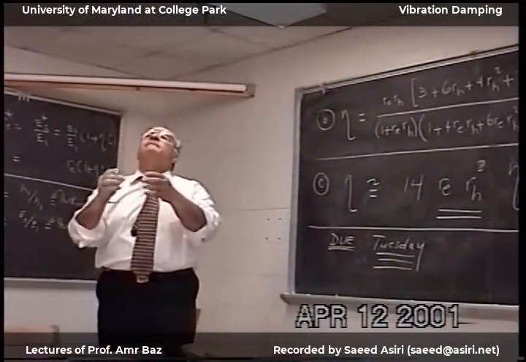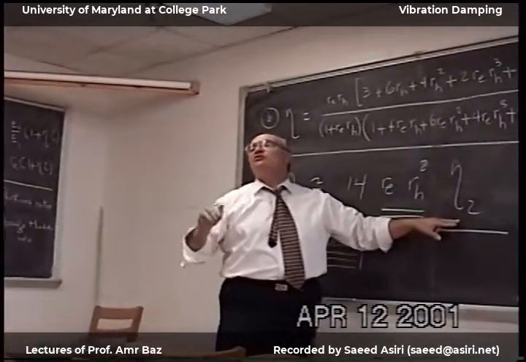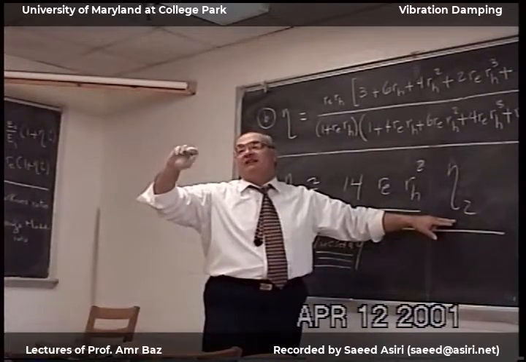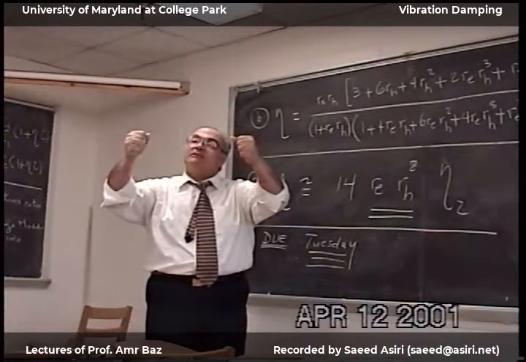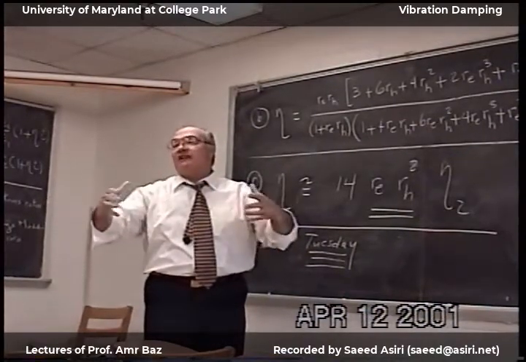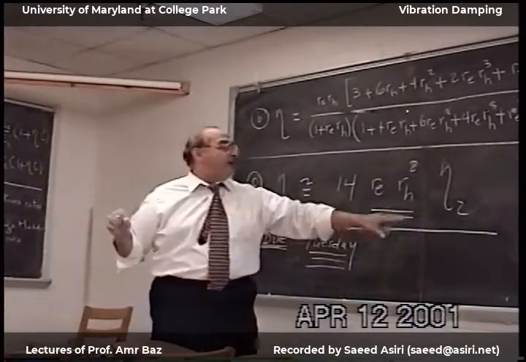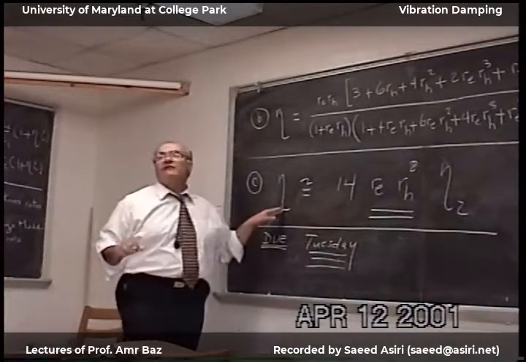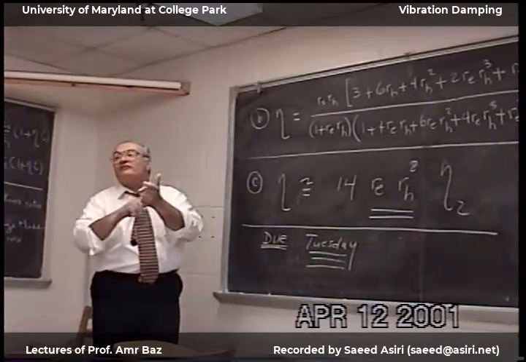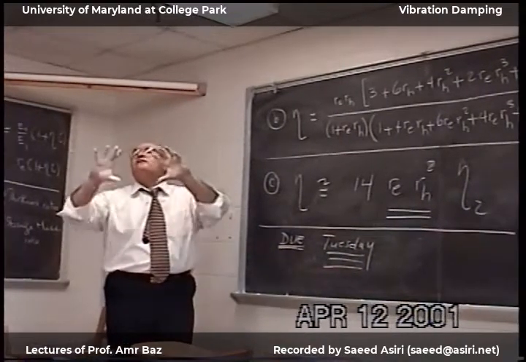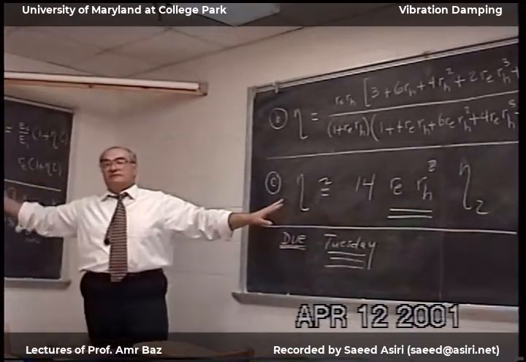They require you to give them this number. What they do, they use modal strain energy. So you can look at how much energy you use to strain the viscoelastic material compared to the total strain energy of the structure. And then you take this ratio, multiply it by this number, and the program will give you this number. It does not have GHM, it does not have ATF, it does not have any of these things. It gives you a ballpark estimate using very similar analysis like what I did here.